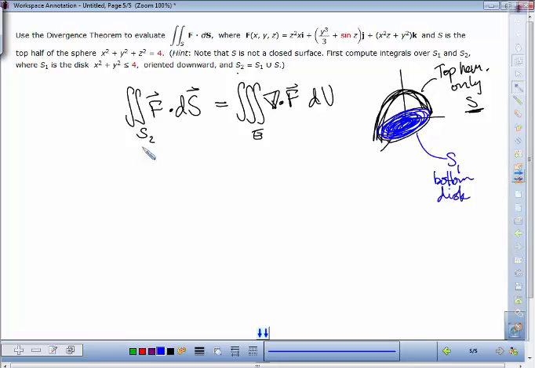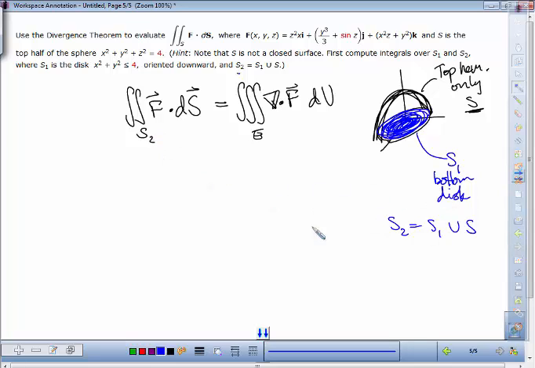So S2, as they say here, is a combination of S1 and the union of the original surface. So essentially, what we want to do is solve for S. So let's do the big picture algebra of this thing.